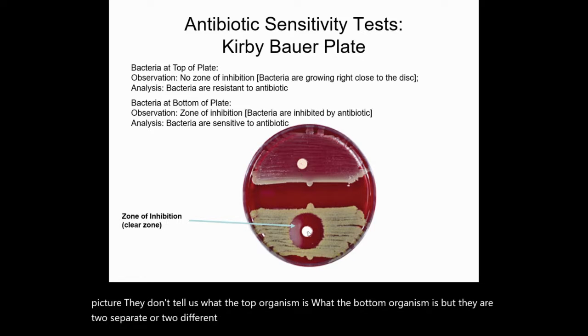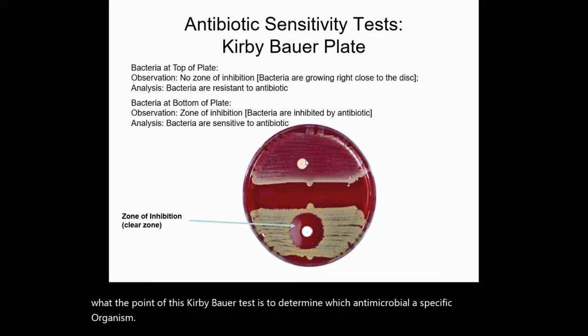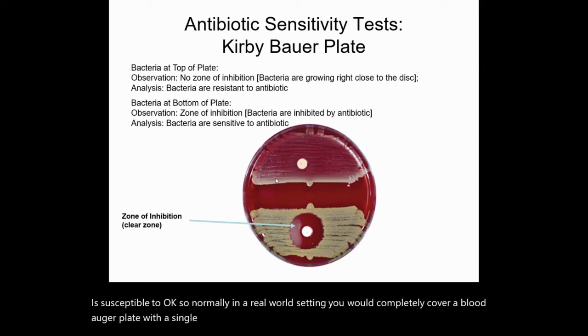They each have the same antibiotic disc, because the point of this Kirby-Bauer test is to determine which antimicrobial a specific organism is susceptible to. Normally in a real world setting, you would completely cover a blood agar plate with a single bacterial organism.